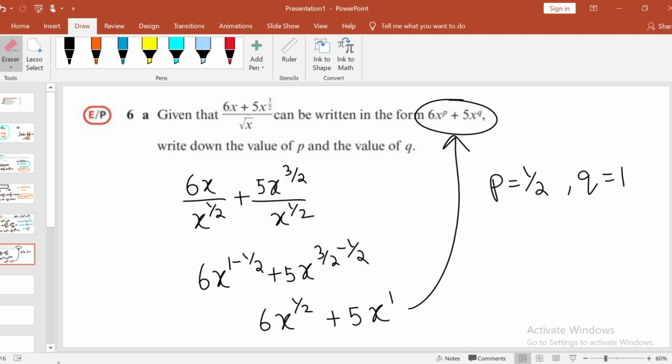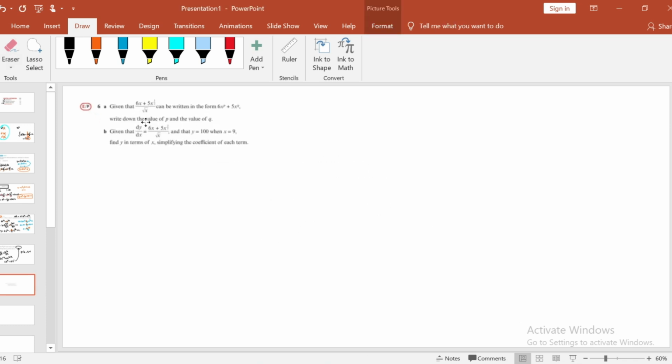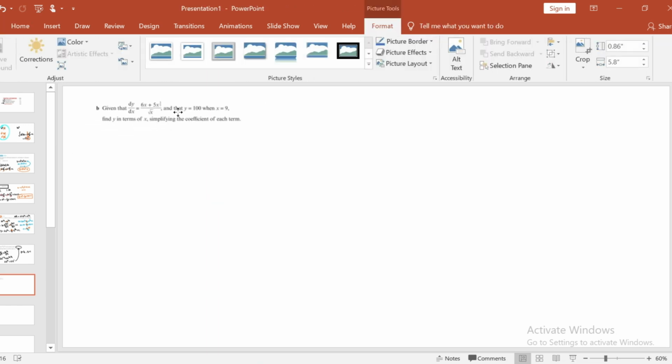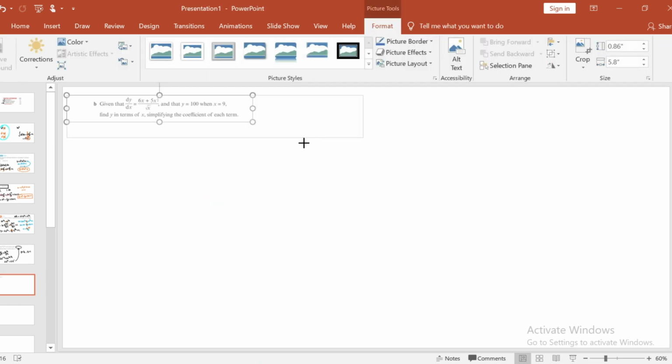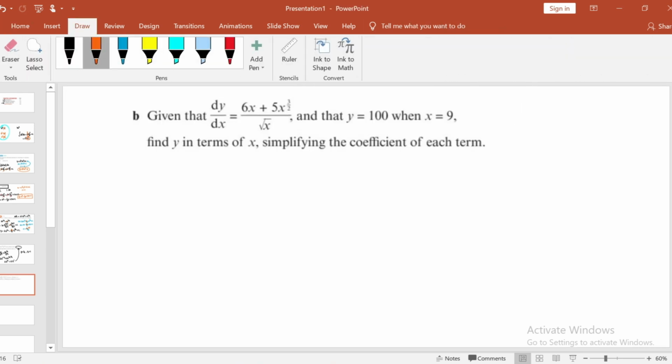Okay. Now let's look at the part B of this question. The part B says they want you to integrate the original. They want you to find the function where this one is given as dy by dx. Okay.